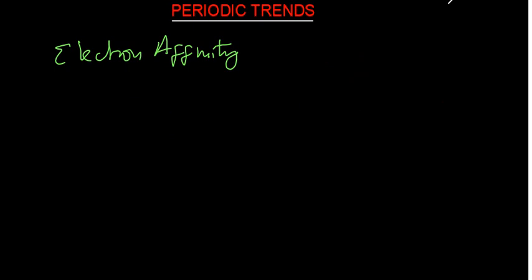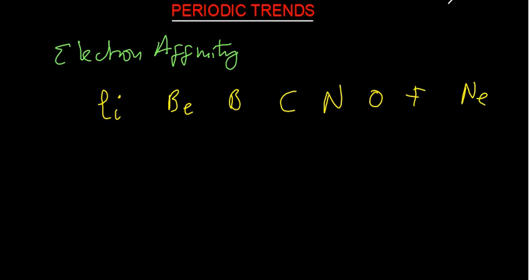So if we have, let's get some atoms in group 1. Let's get lithium. Group 2, let's get beryllium. Group 3, boron. And then we've got carbon, nitrogen, oxygen, fluorine, and then group 8, which is neon. So now this one has to release about 60 kilojoules of energy.